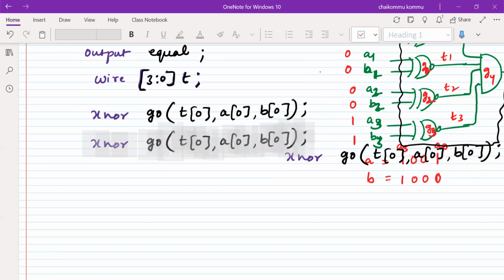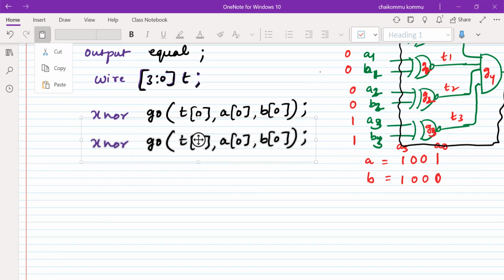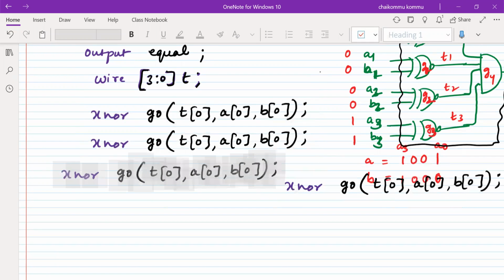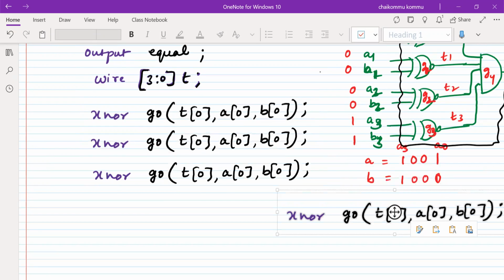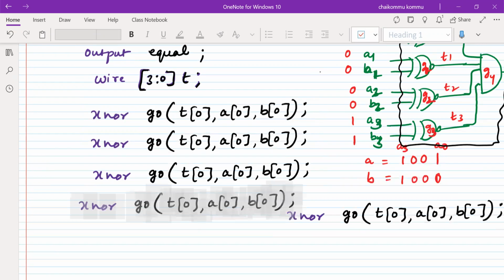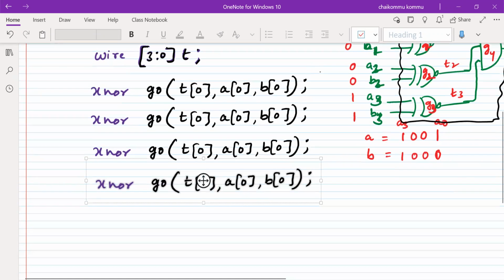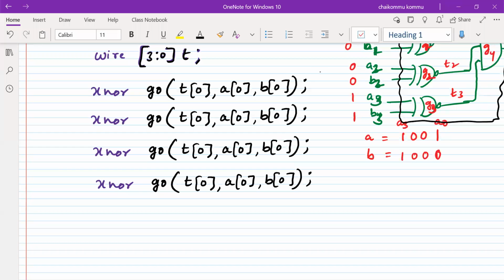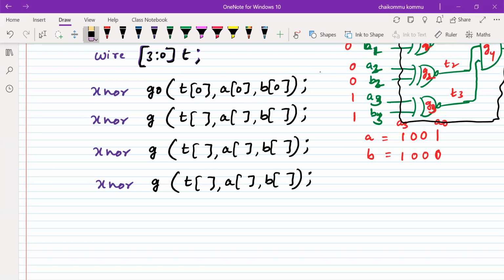Four exclusive OR gates are required, right? But here I need to modify its values. Just remove these values, and instead I need to write different things.